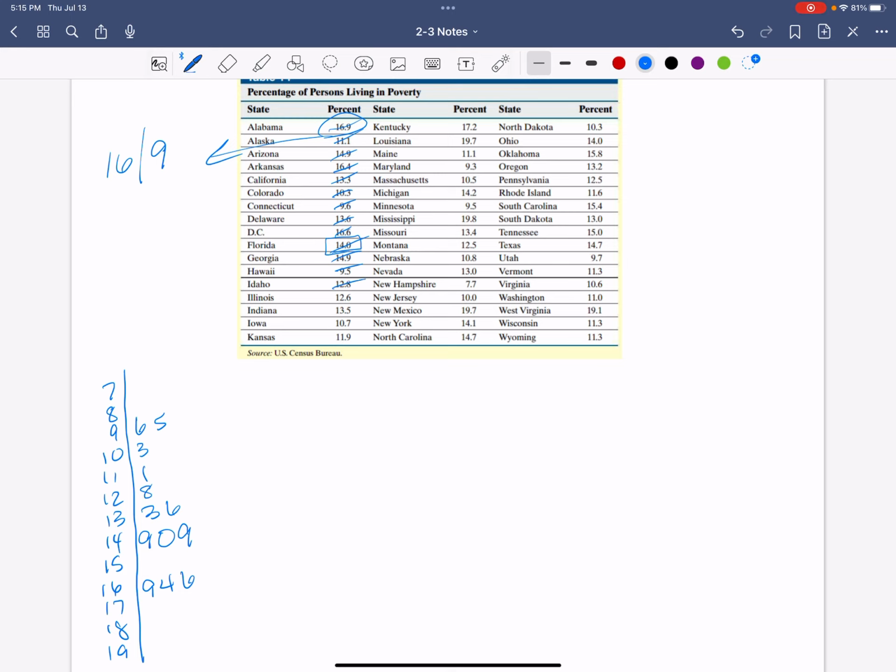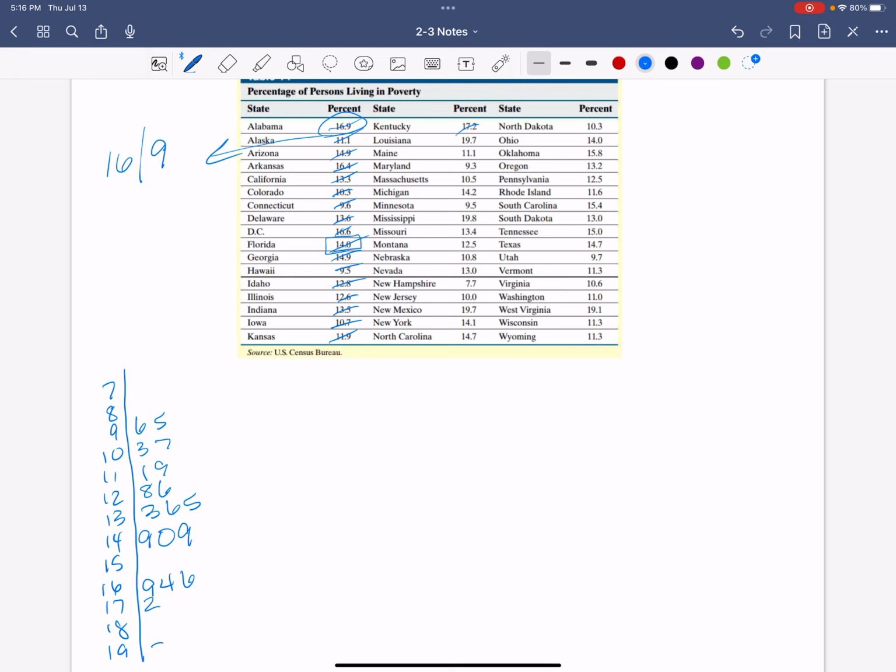12.8, 12.6, 13.5, 10.7, 11.9, 17.2. Just staying organized is the key here. 19.7, 11.1, 9.3, 10.5.